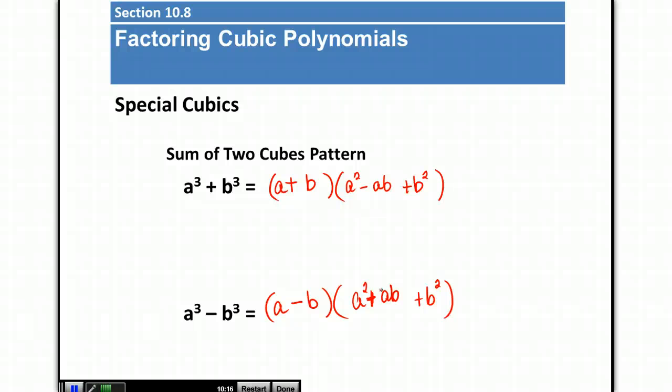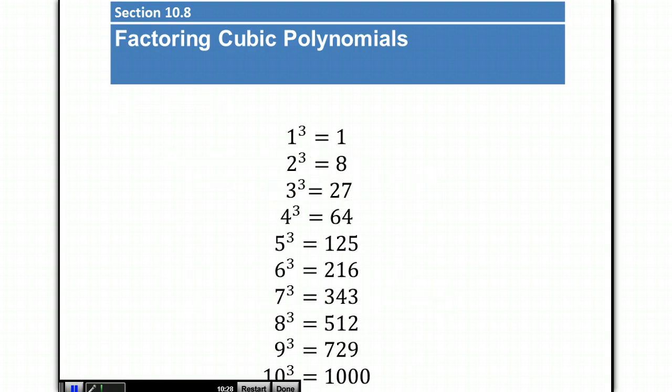So before we practice the sum or difference of two cubes, we want to look at some perfect cubes. Here's some perfect cubes, and that's going to help us identify when we have a sum or a difference of two cubes. 1 cubed means 1 times 1 times 1.